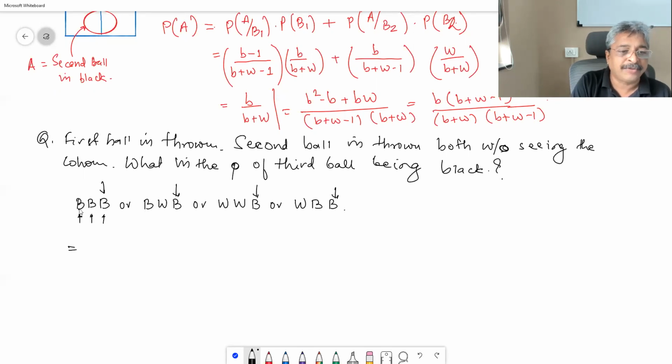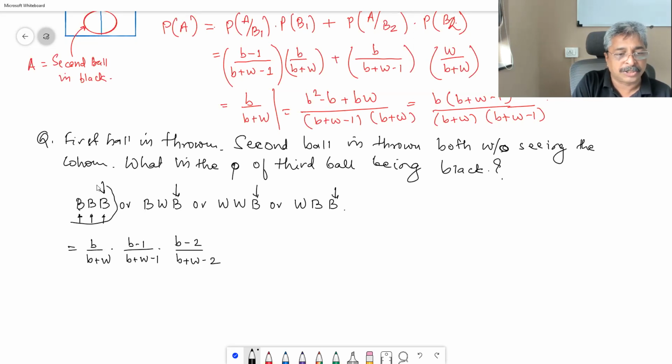Okay, we should write it that way. So probability of first ball being black, B upon B plus W, into probability of second ball black given first is black, B minus 1 upon B plus W minus 1, and probability of third ball being black, B minus 2, because first two are already given to be black, upon B plus W minus 2.